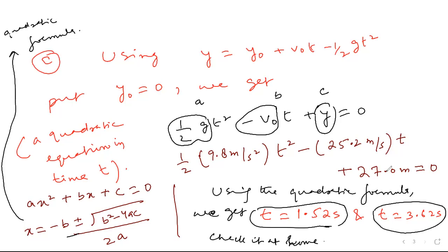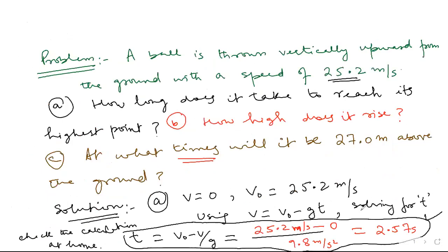So we are saying that at t equal to 1.52 second and at t equal to 3.62 second, this ball will be 27 meters above the ground at these two times.